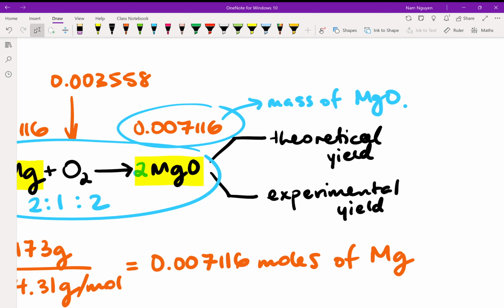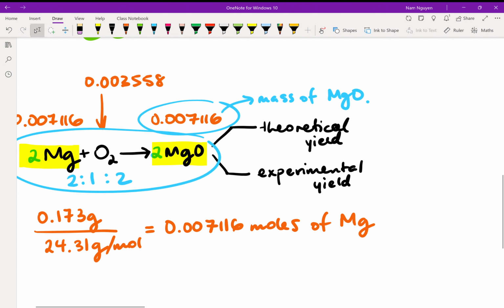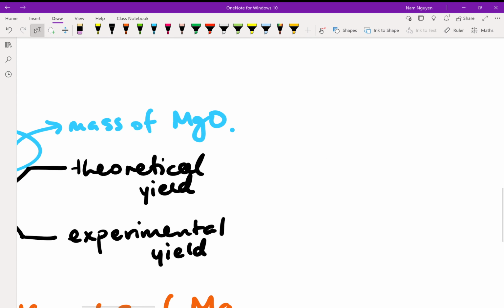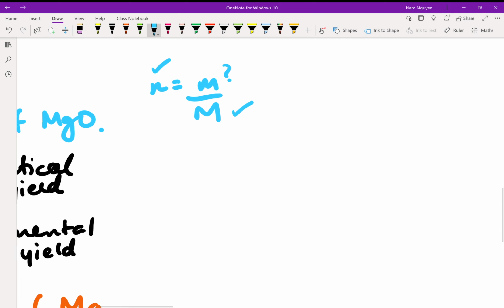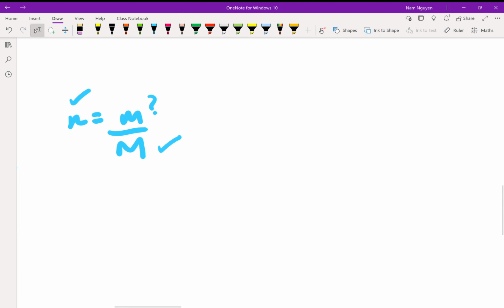So the formula is like this, and we know number of moles, and we know molar mass, and we want to know actual mass or sample mass. So to rearrange that equation, you end up with mass is equal to number of moles times molar mass.